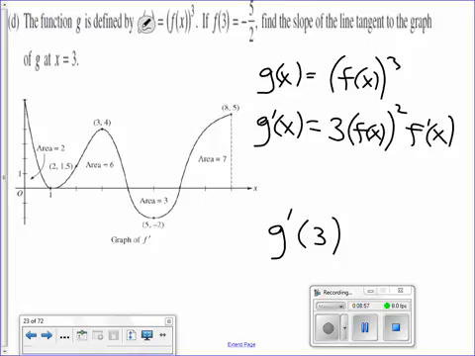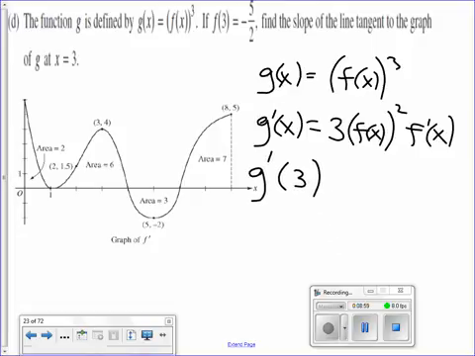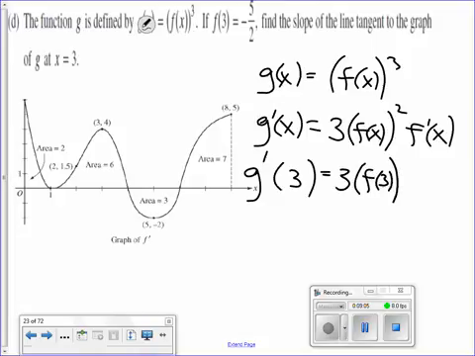So that means that if we want g prime of 3, that would equal 3 times f of 3 squared times f prime of 3. I'm just putting 3 in for all the x's. Now f of 3 is negative 5 halves. So we have 3 times negative 5 halves squared.